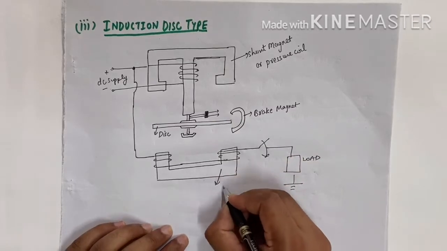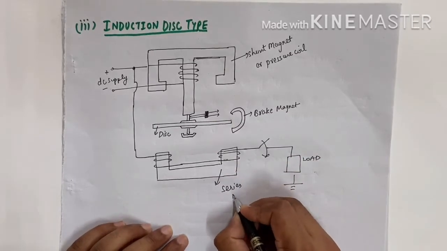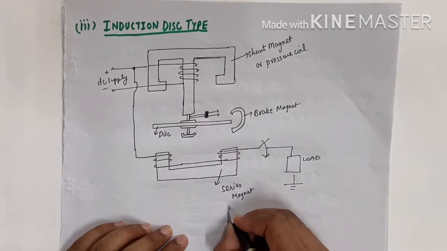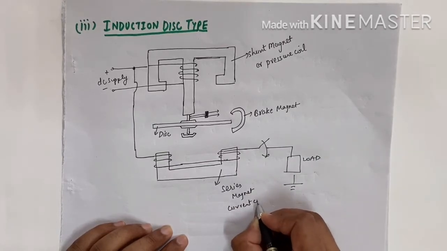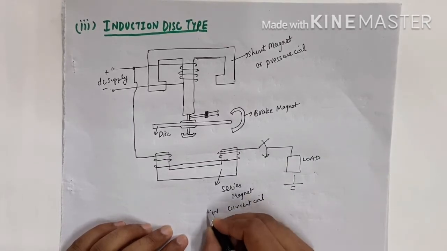This is called the series magnet, or we can call it the current coil.